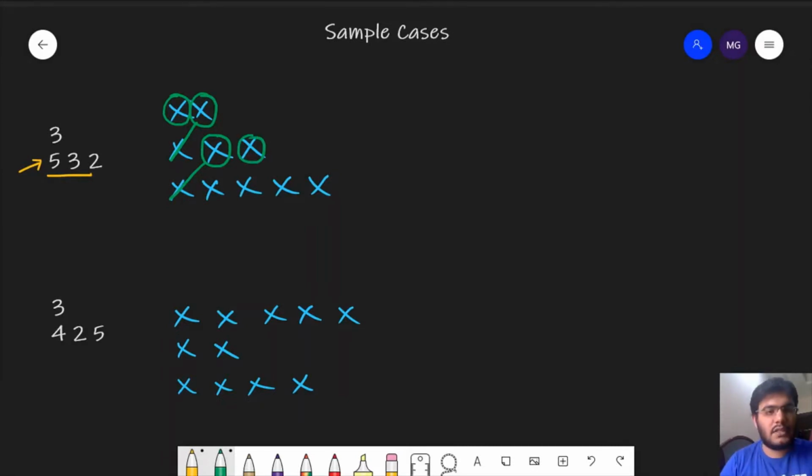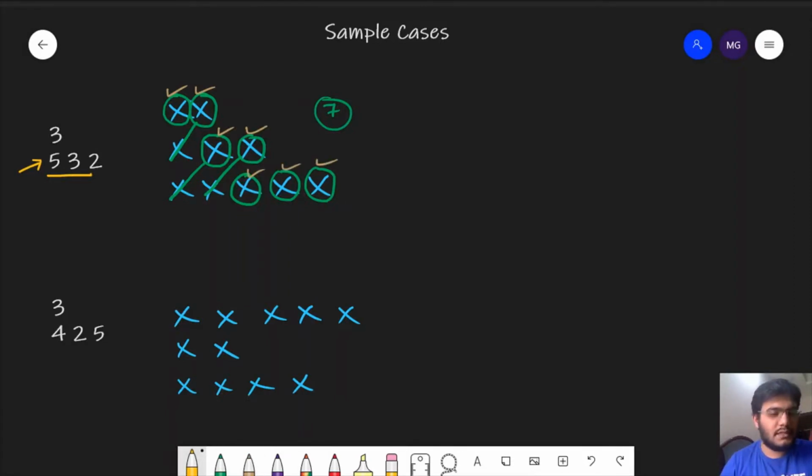Similarly, starting with this, we can mark this particular cell also. And then these 3 cells need to be marked by 3 steps, because they cannot be part of any other step. So for this particular case, the answer comes out to be 7, as we require 7 steps, because these are the starting points of these steps.